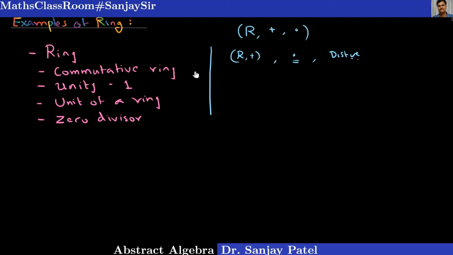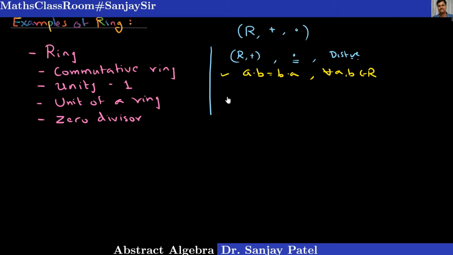The ring is said to be commutative if it satisfies the condition a dot b is equal to b dot a for every a, b belongs to R. That means if the operation of multiplication is commutative in the ring R, then it is said to be a commutative ring. What is a unity element?